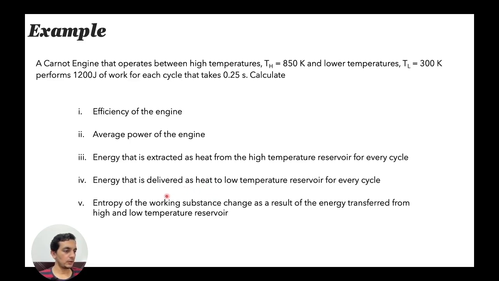And in the fifth one, the change in entropy of the working substance as a result of the energy transfer from the high and low temperature reservoirs, meaning the change in entropy for QH and QL.